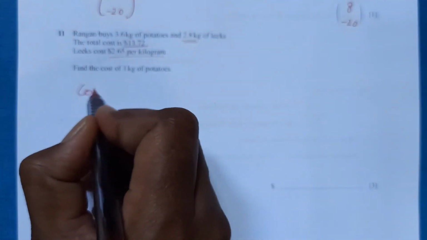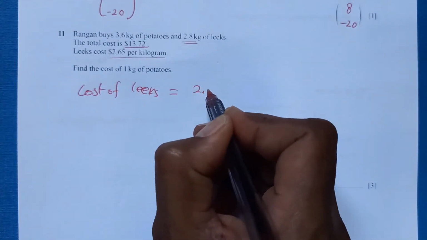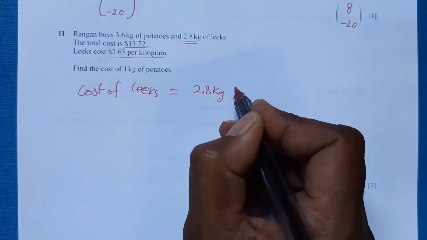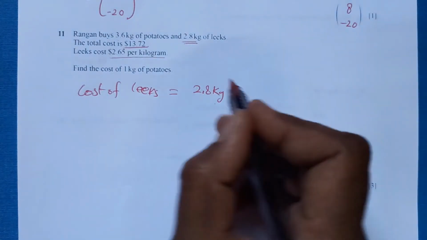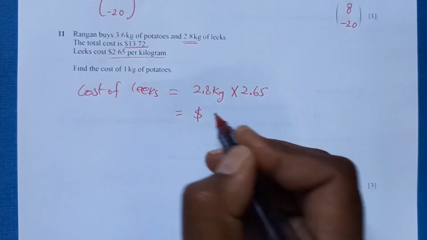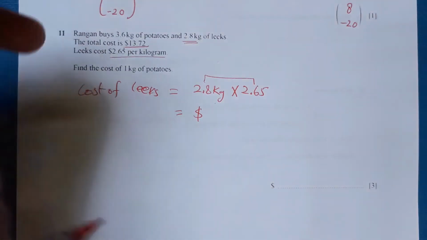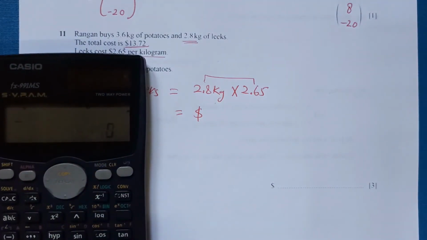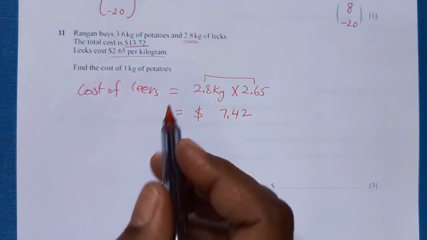So the cost of leeks is 2.8 kilogram that he bought, times the cost per kg, 2.65. When you multiply these two, you get 2.8 times 2.65. So this is 7.42. So this is the cost of leeks.